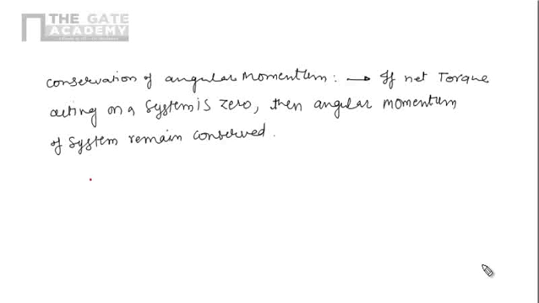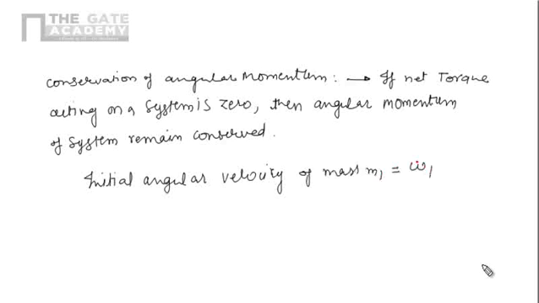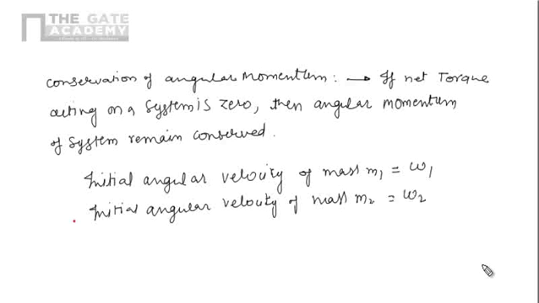Suppose the initial angular velocity of mass m1 is omega 1, and the initial angular velocity of mass m2 is omega 2.